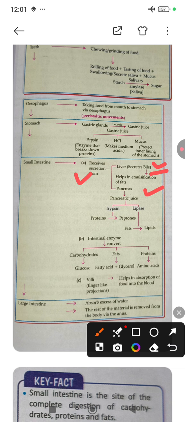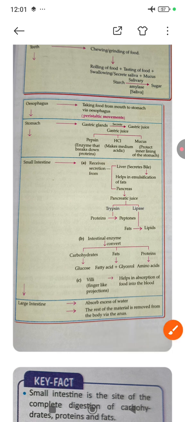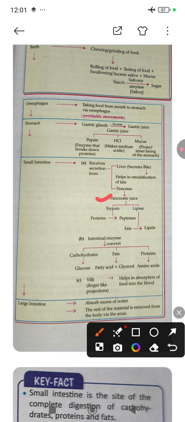Number 2 is the pancreas secretion received by the small intestine. What kind of juice is released from the pancreas? It is known as pancreatic juice. Pancreatic juice contains trypsin and lipase.